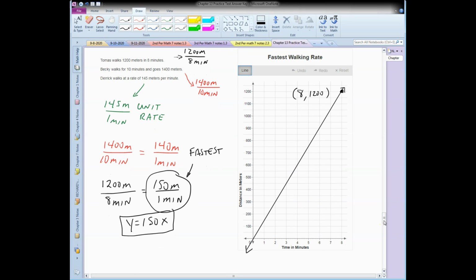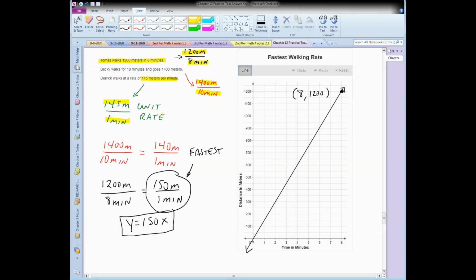All right, so Thomas walks 1,200 meters in 8 minutes. So I represent that, 1,200 meters in 8 minutes. Becky walks 10 minutes and goes 1,400 meters. So she basically walks 1,400 meters in 10 minutes. And Derek walks at a rate of 145 meters per minute.